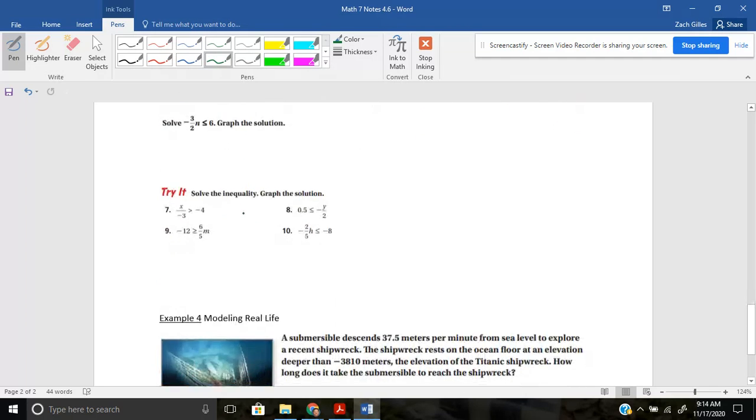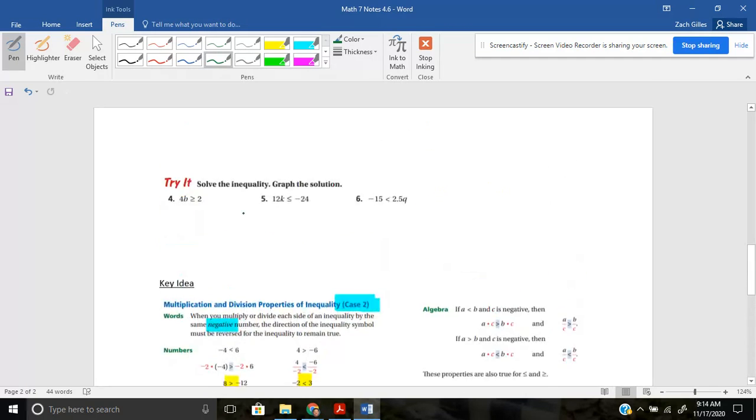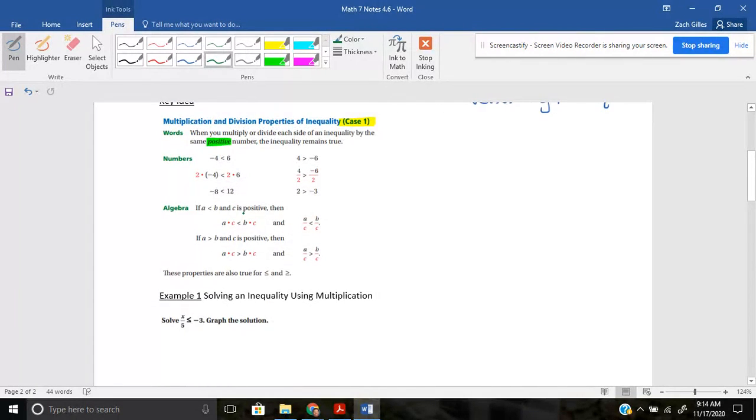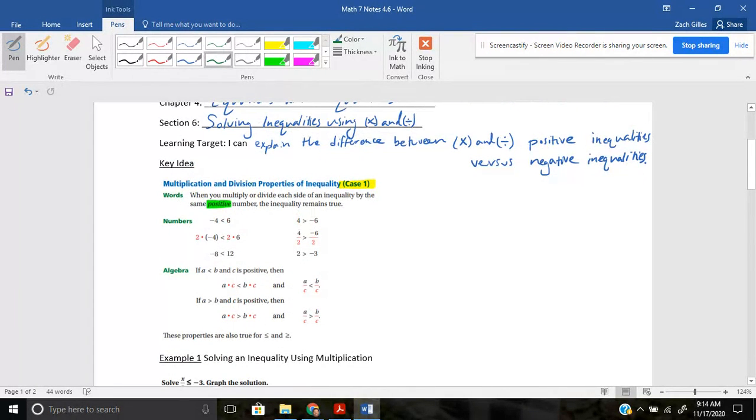That's how examples 3 and 4 will look. Just giving you a little bit of a preview. Make sure you highlight those two different cases, and maybe write yourself a note that there are two very different situations when we multiply and divide by positives versus negatives.